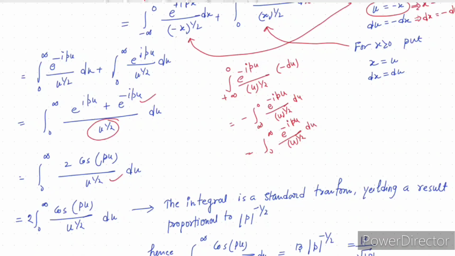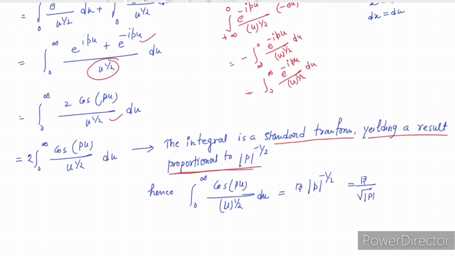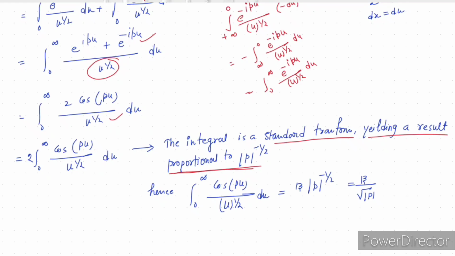This is nothing but a standard integral. This integral is a standard transformation yielding a result proportional to p to the power half. Please remember: 0 to infinity cos pu upon u to the power half du gives some constant times mod p to the power minus half.